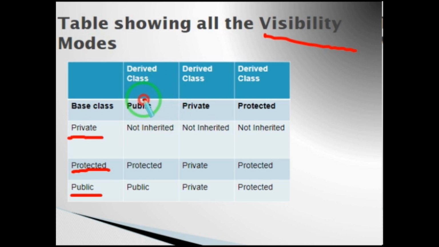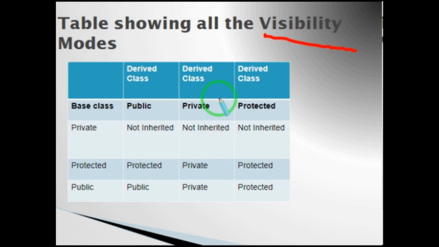If I use public visibility mode in my inheritance syntax, the private data member of the base class is not inherited. The protected member of my base class is treated as protected. The public member of my base class is also treated as public. Whenever I use a public access specifier, this is going to happen.